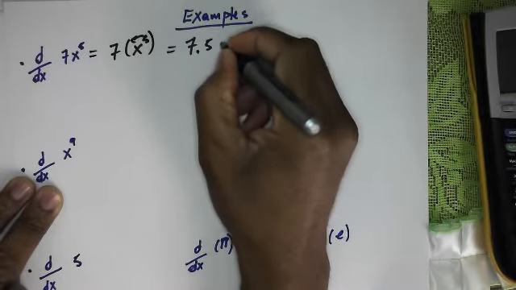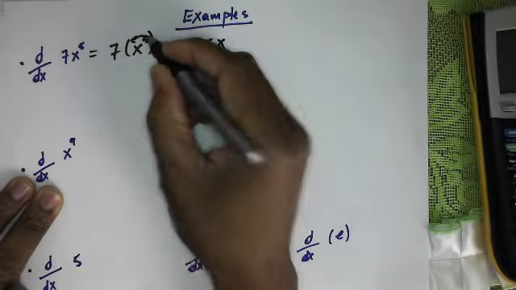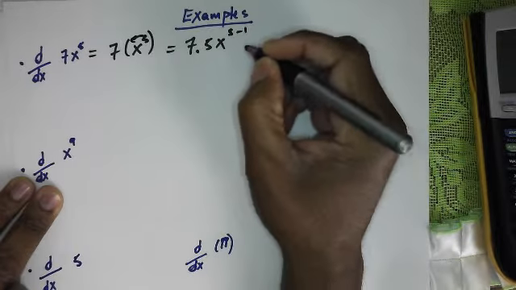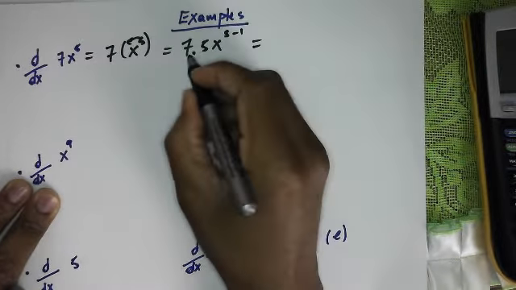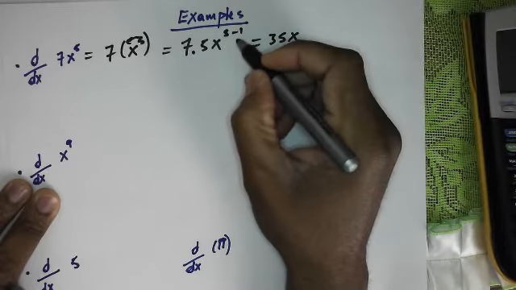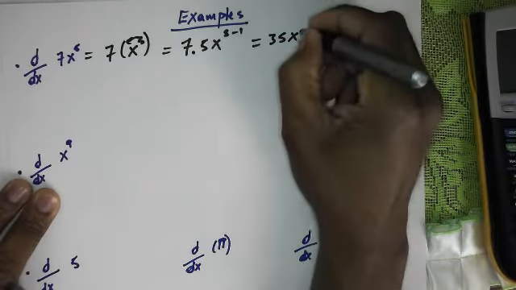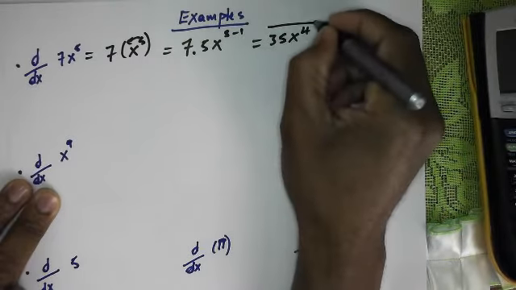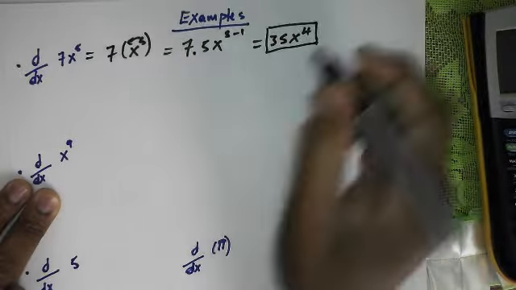So it's 7 times 5, x raised to my original exponent, which is 5, and then I subtract 1 from that. So this would give me 7 times 5, that is 35, x raised to the 5 minus 1, that is 4. So my final answer is 35x to the 4. So this is my answer for this question here.